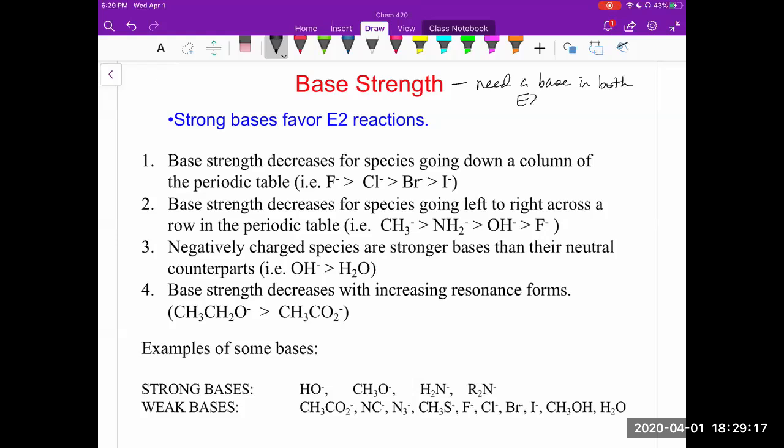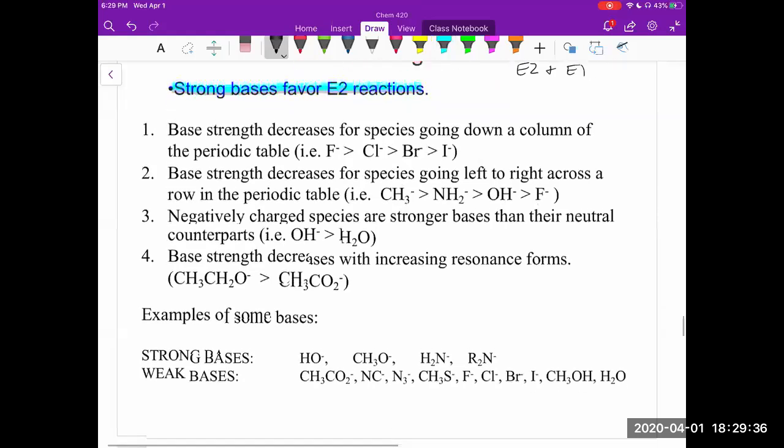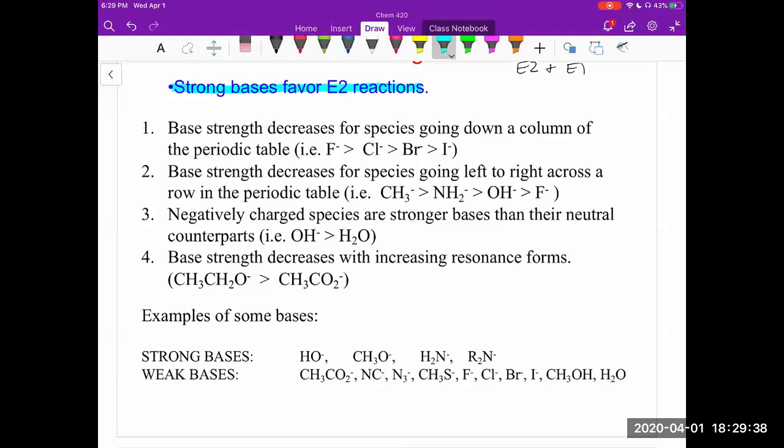So we need a base in both E2 and E1. And what we're going to see is that when you're doing an E2, strong bases favor E2 reactions.